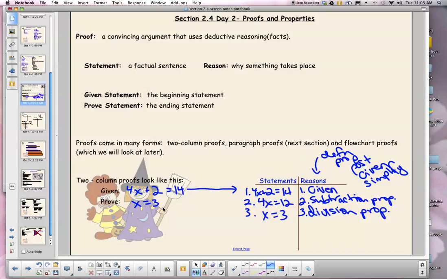Notice that our proof statement, we just wrote it. Once you can write your proof statement, you're done. That's the end of this proof. It's a 3-step proof. We had a given statement, and we had to use the subtraction and the division property to get down to our proof statement. And that's it. That's how you do a proof.